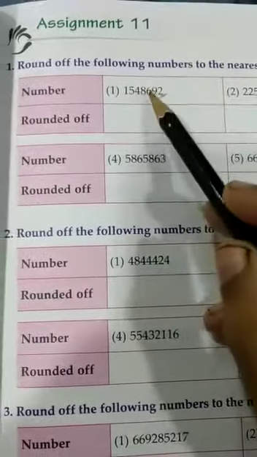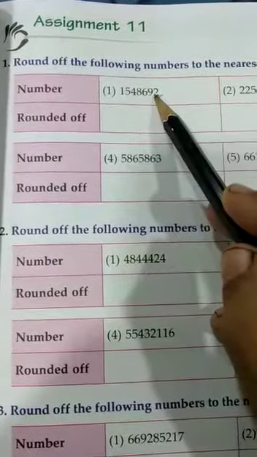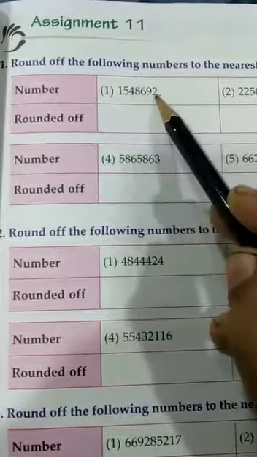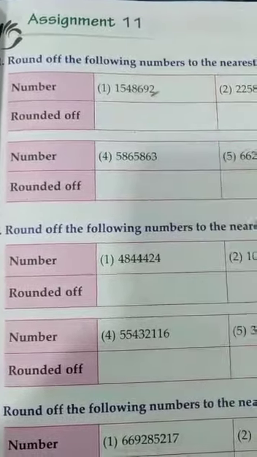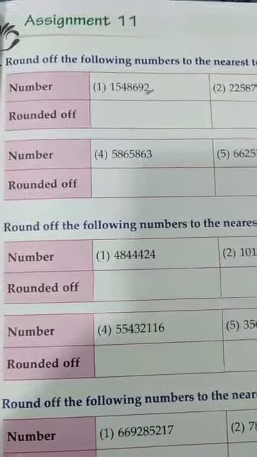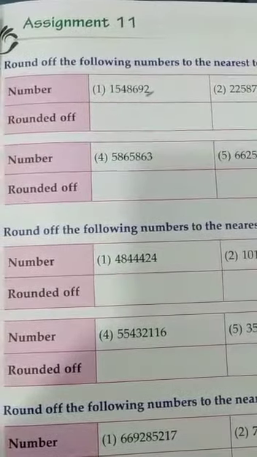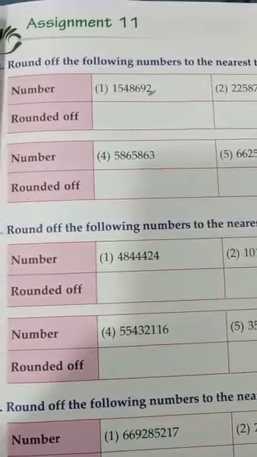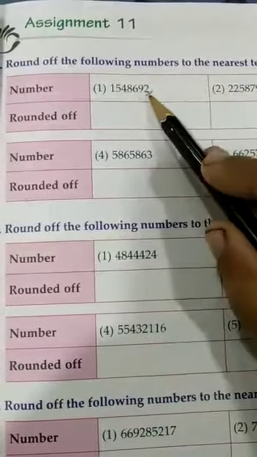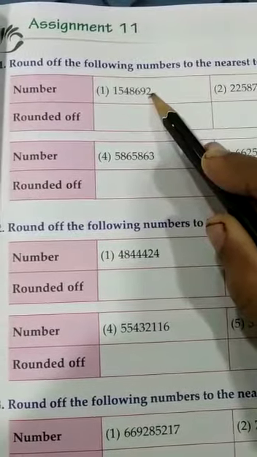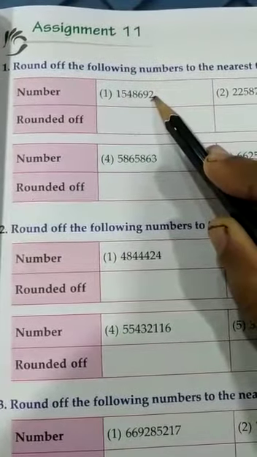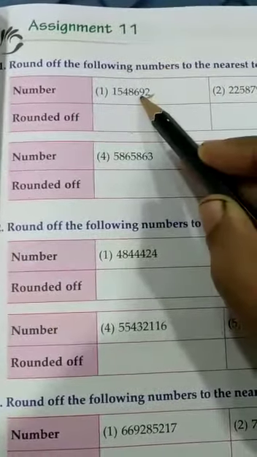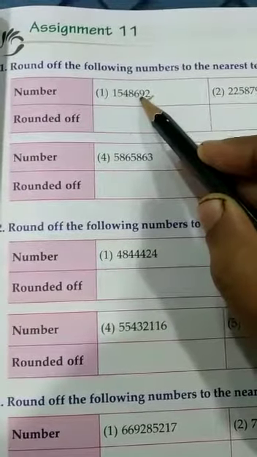Let's look at the first number first. What is the ones place number here? 2. Is it less than 5, or 5 and more than 5? This is less than 5. So when you round it to the nearest tens, the tens place digit does not change.